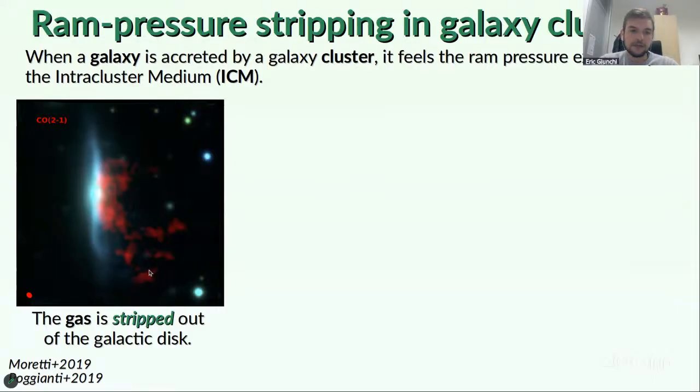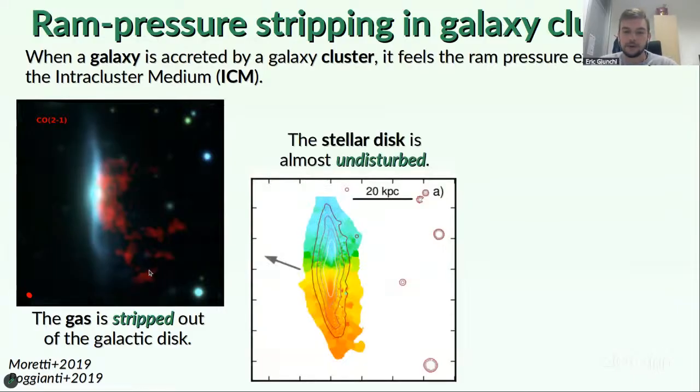And the interesting part is that this is a purely hydrodynamical process. And indeed, as you can see, the stellar component, this is the velocity map of the stellar component of the galaxy, is very smooth and very similar to what we would see in a main sequence galaxy, because the stars are completely untouched by this kind of process.